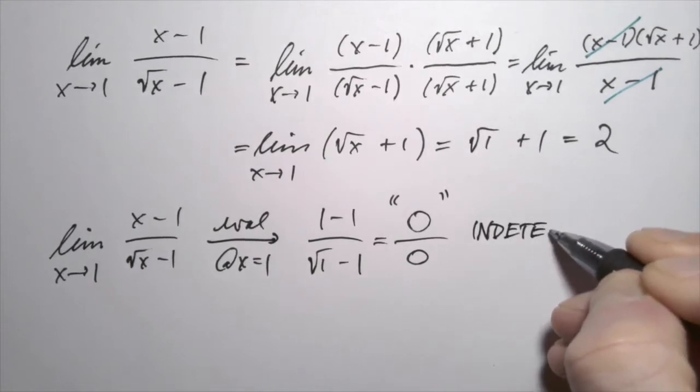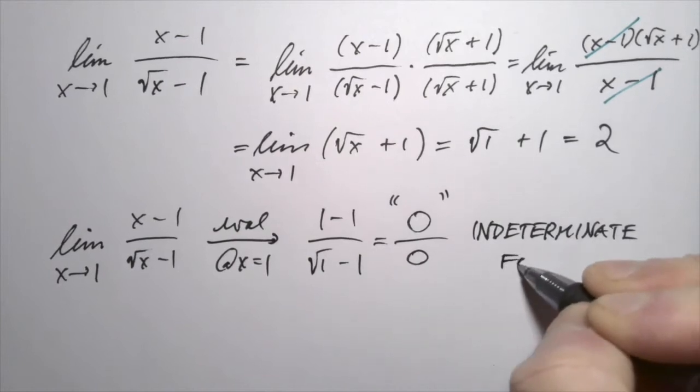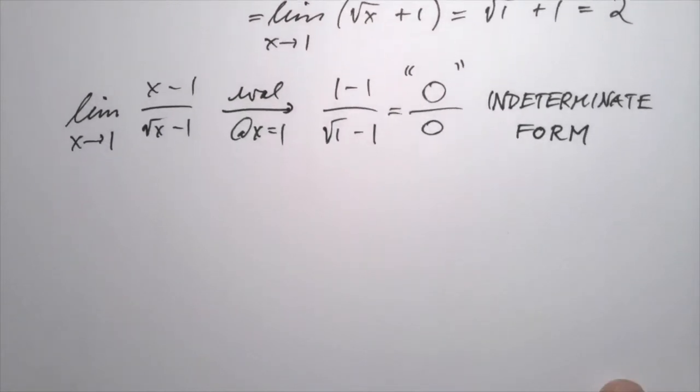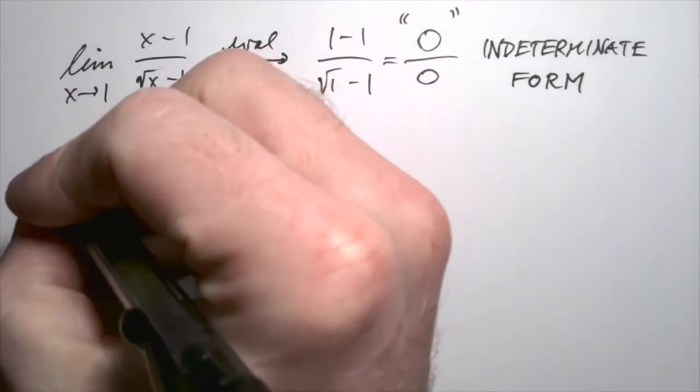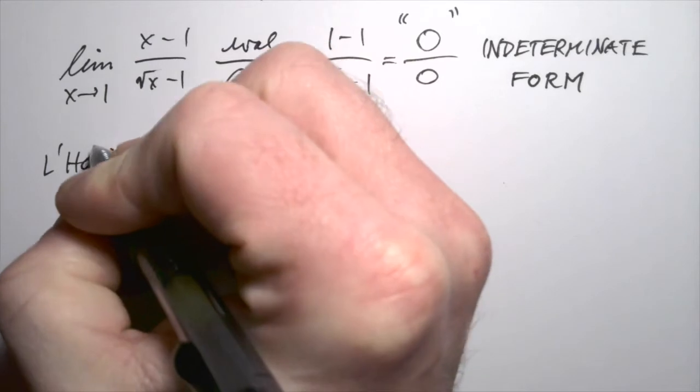Remember, 0 over 0 doesn't mean anything. We've just computed that the numerator tends to 0 and the denominator tends to 0, and we don't know what that means in terms of the overall fraction. So L'Hopital's rule is a way of sometimes figuring out the answer when you have an indeterminate form like this.